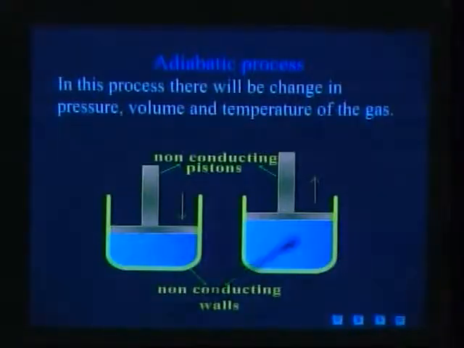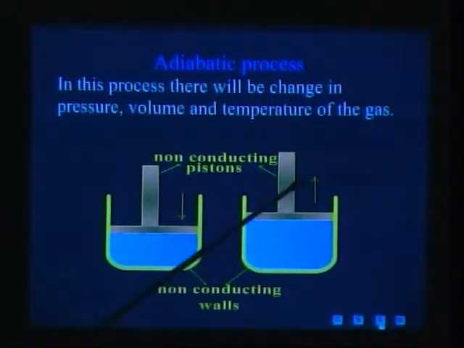When we consider the adiabatic process, we take the gas in a non-conducting vessel provided with the piston, so whatever changes take place, they remain as they are. In this adiabatic process, pressure, volume and temperature of the gas change. When the piston is moved inward, pressure increases, volume decreases and temperature increases.